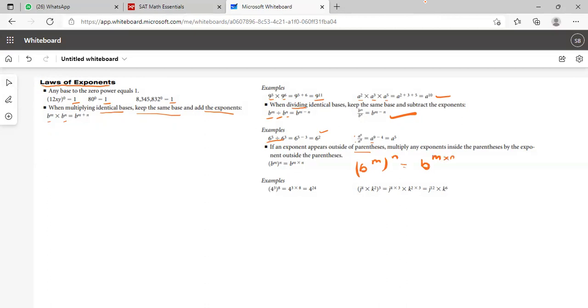In this case, the powers would be multiplied. When we have an exponent inside the bracket as well as outside the bracket, simply these m and n would be multiplied. Now we have this example. So this is 4 to the 3, 8. They would simply be multiplied. So this would be 4 to the 24.